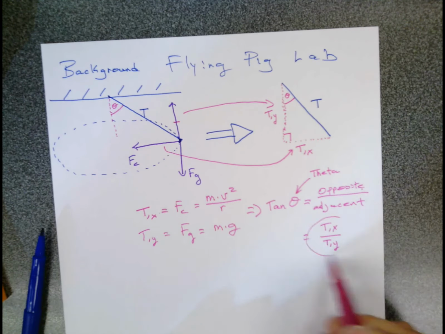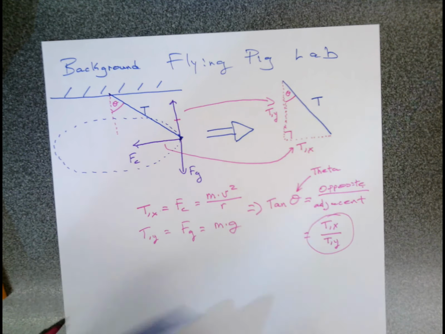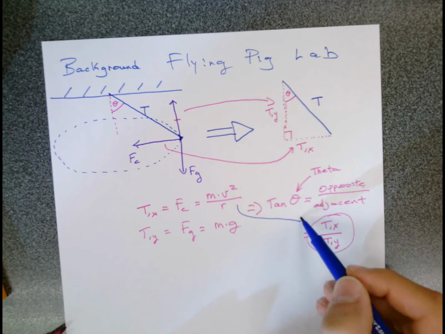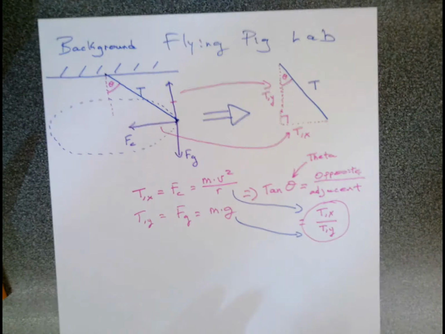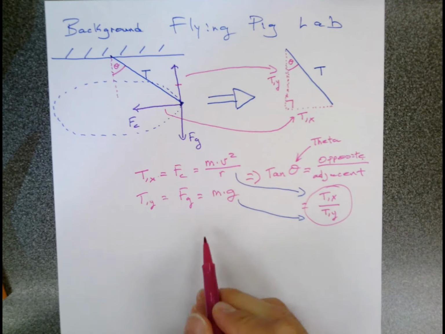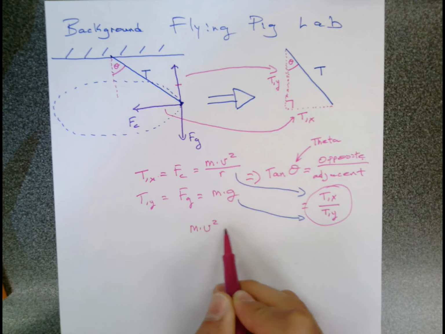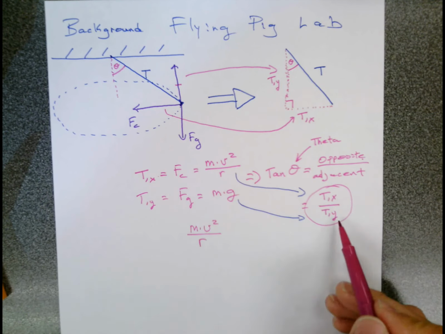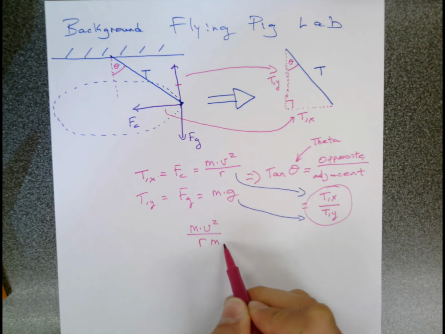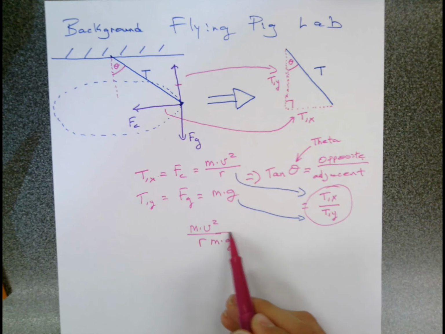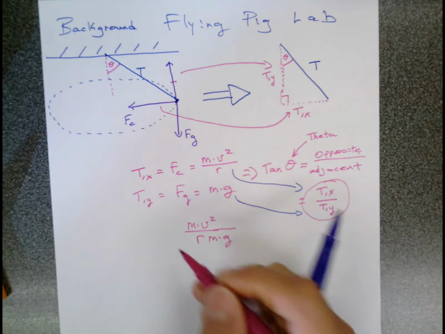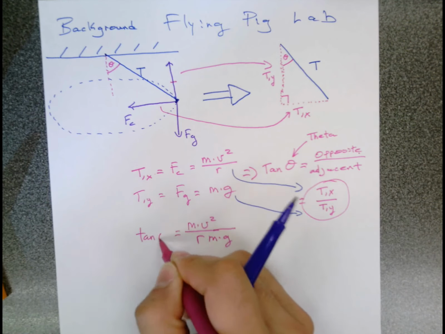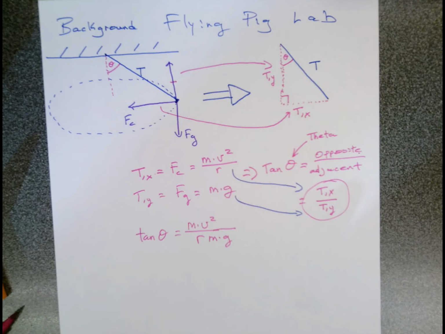And if we take this equation and plug in this for Tx and this for Ty, we will get m times v squared over r divided by m times g for Ty. And that is equal to tan theta.